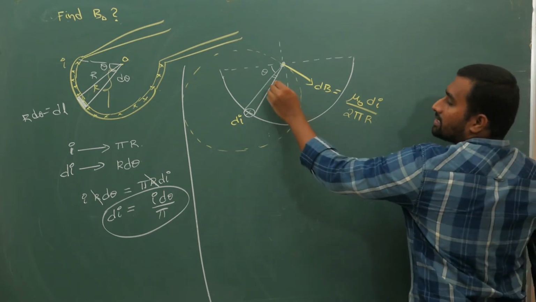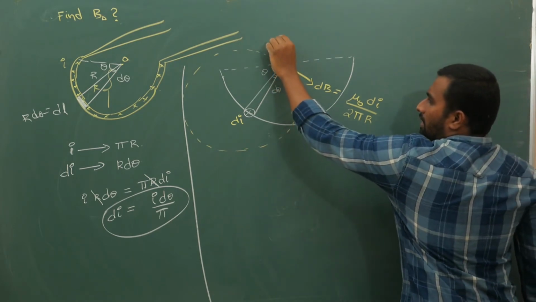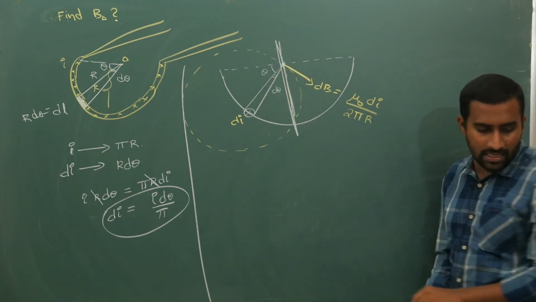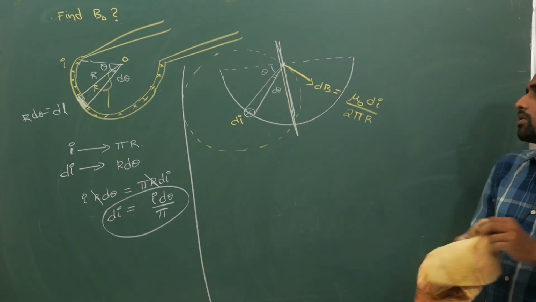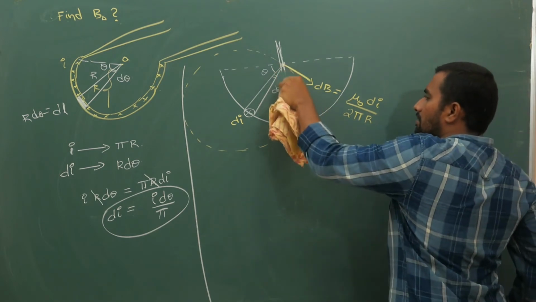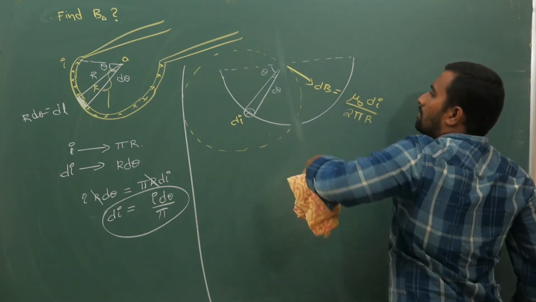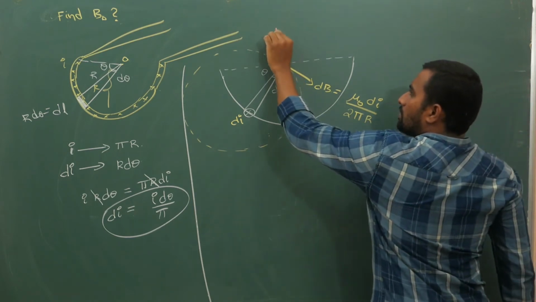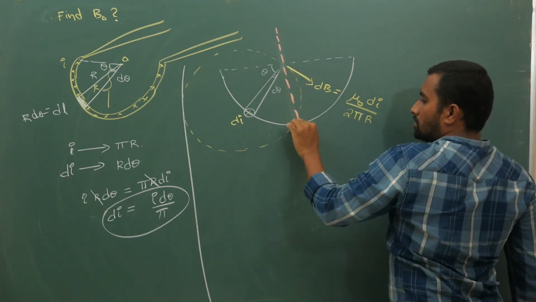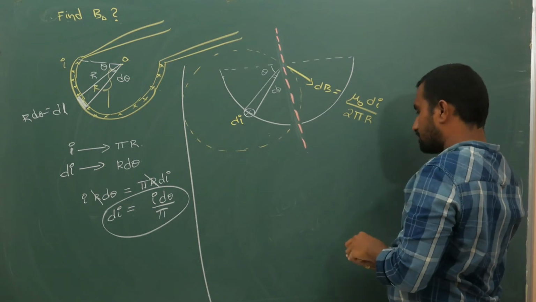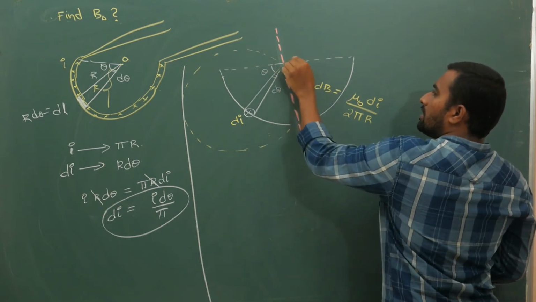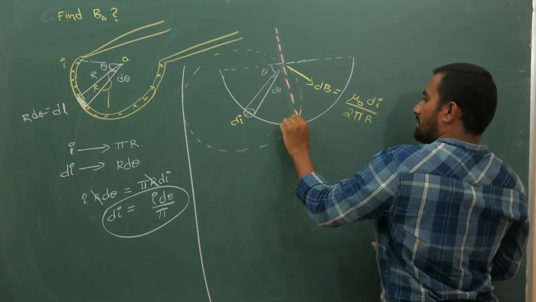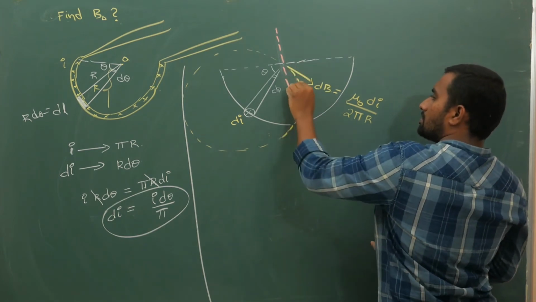and if this angle is theta here, with the vertical this angle is 90 minus theta. So the diagram is overlapping, I will just erase it. Hope you have understood what I have told. I will use multiple colors. So here it is like this, everywhere it is like this.